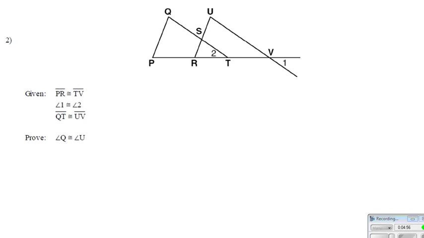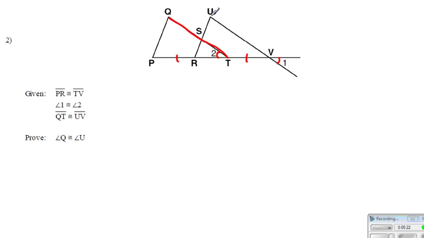So in order for us to write this one up, PR is congruent to TB. PR, this small line segment, is equal to TB, which is another small line segment here. Angle 1 and angle 2 are also congruent to each other. And also TQ, which means this entire line segment, I'm going to just highlight right over here.